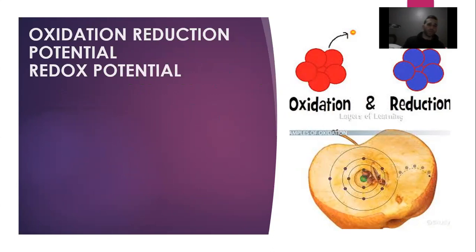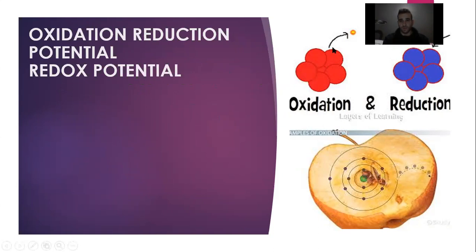Okay, so on this slide we have two pictures, and these are very simplistic representations of oxidation and reduction. If you look at the top picture, we have two molecules, and the red one has an arrow with a little yellow dot, which is supposed to be an electron, and the electron is leaving the molecule.